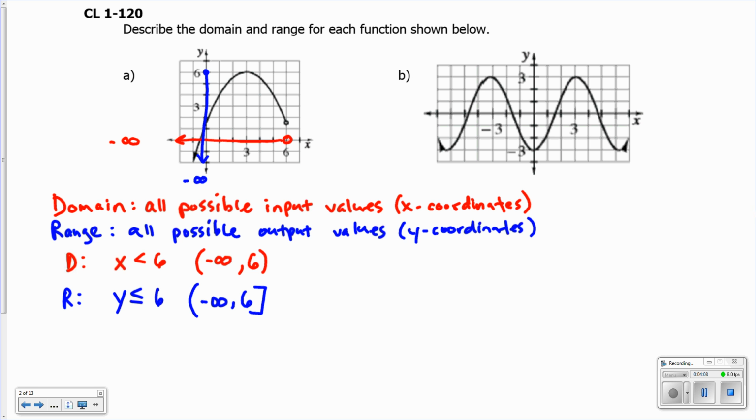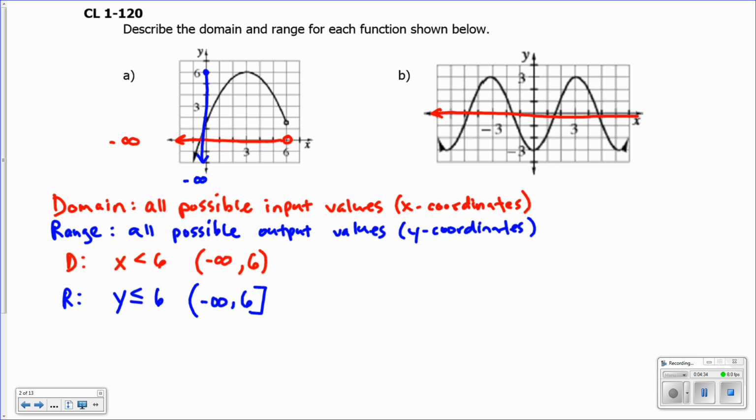Let's look at our second graph here, B. We have arrows. It's going to the left there, so apparently it's continuing to go on and on, up and down like this. Same thing over here. So we have arrows on both ends. So if we looked at the shadow that it would leave on the x-axis, all of these points, all of these coordinates are used with this graph.